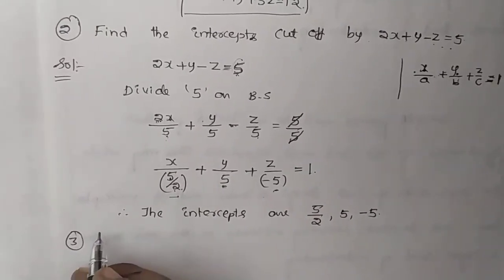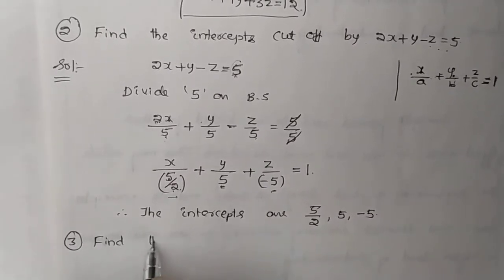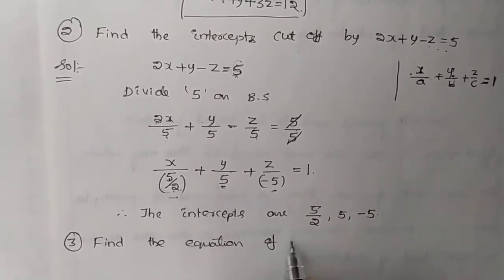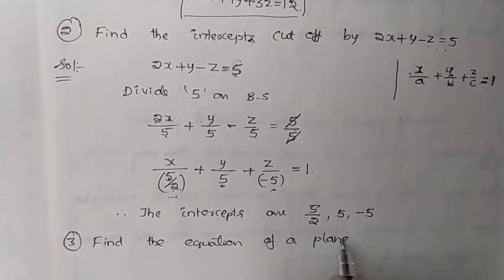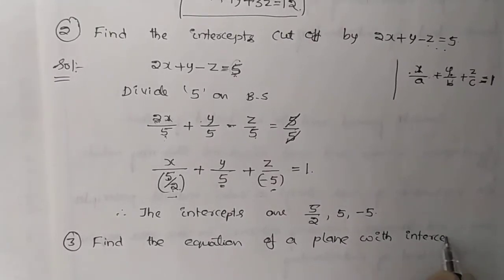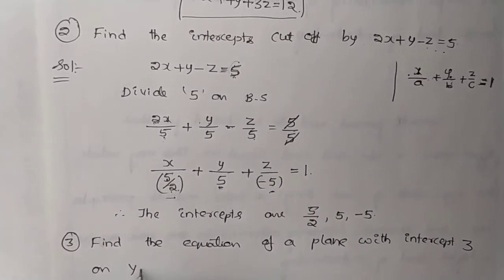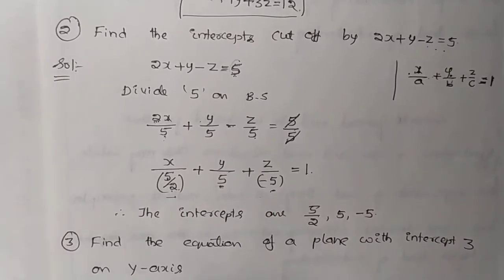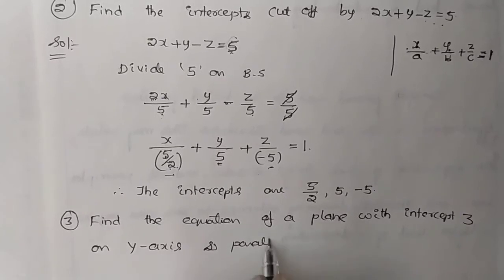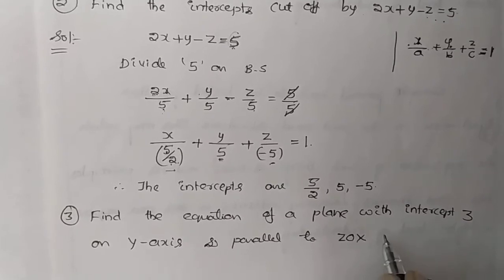Third question. Find the equation of a plane with intercept 3 on the y-axis and parallel to the plane ZOX.